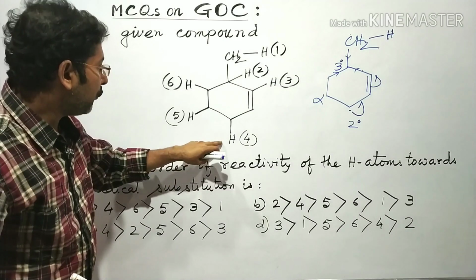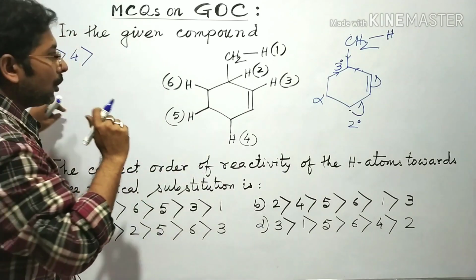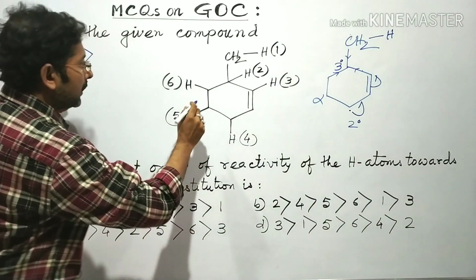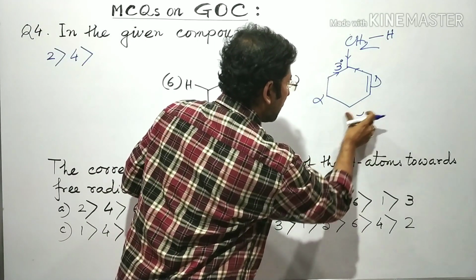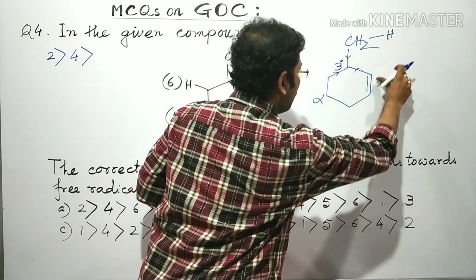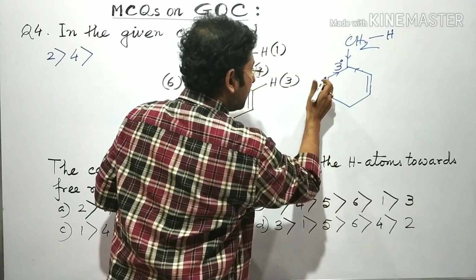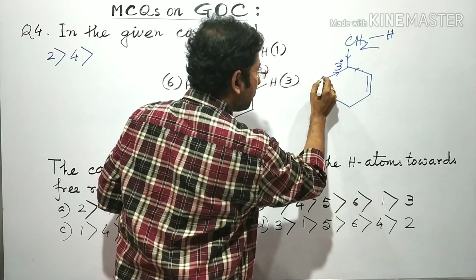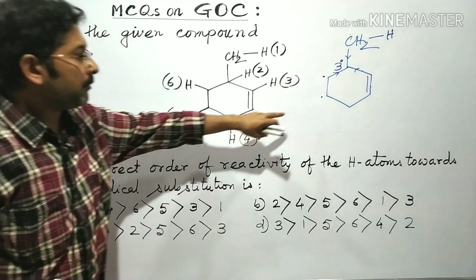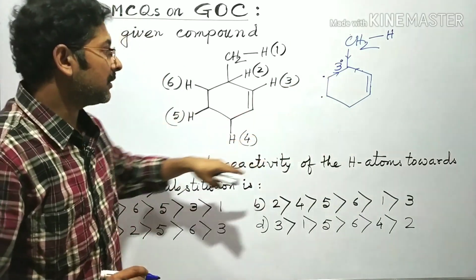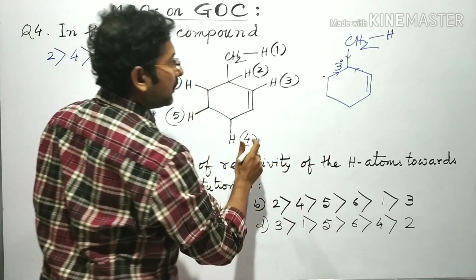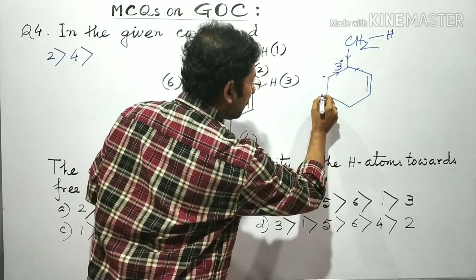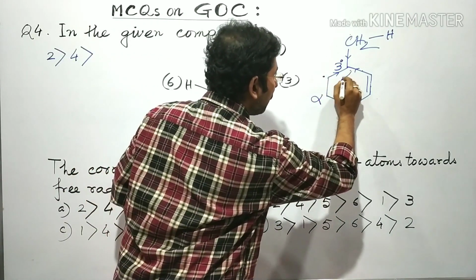Now after 4, look at here. If free radical is formed here or here, we can compare between these 2 free radicals. When this free radical is formed, this is your alpha carbon, this is your alpha carbon.